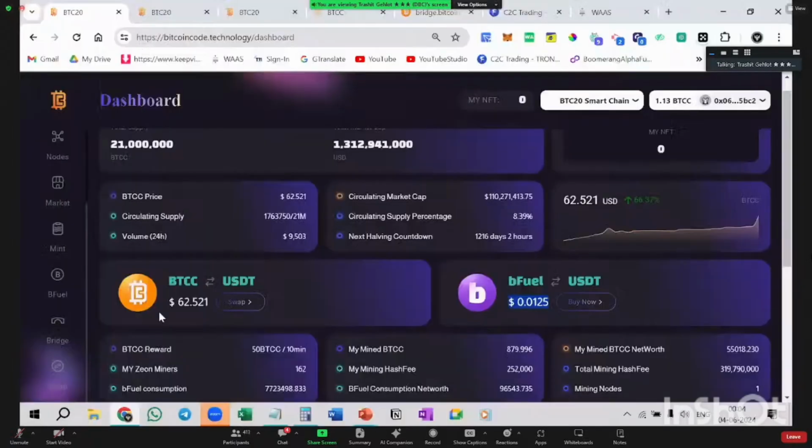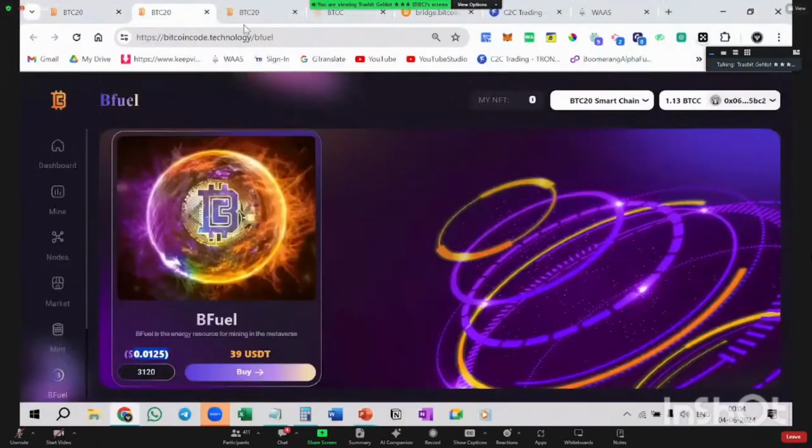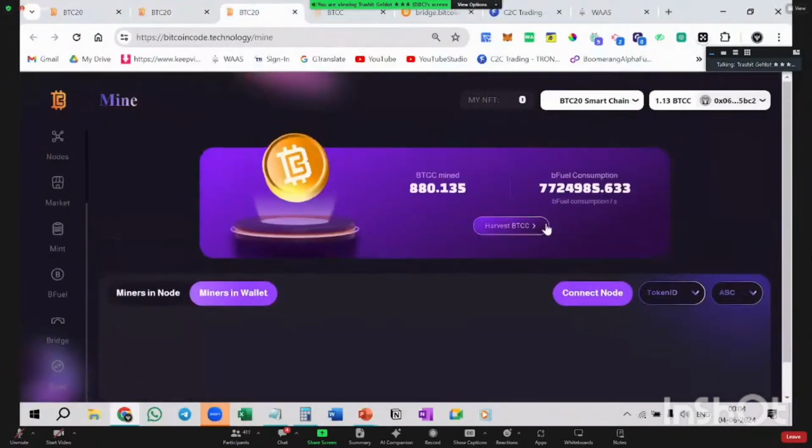I had explained the mining feature, right? Once you plug in your NFTs, these NFTs have their own B fuel consumption rate, through which you are charged every second in terms of B fuel, and they also have a hash power with which they claim BTCC from the daily supply.